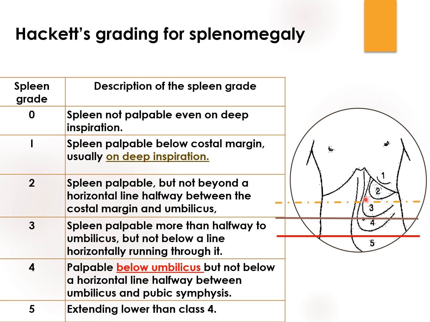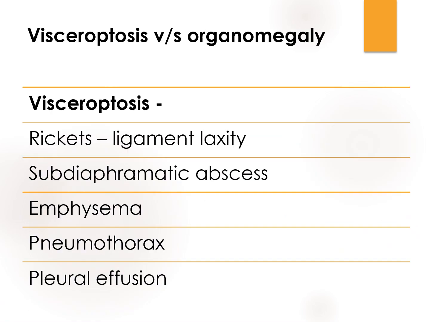When the spleen is crossing this second line through the umbilicus but not crossing the line between the pubic symphysis and umbilicus, we label it as grade 4. And when the spleen is even crossing this line between the umbilicus and pubic symphysis, huge spleen, we label it as grade 5. So this is Hackett grading for splenomegaly.